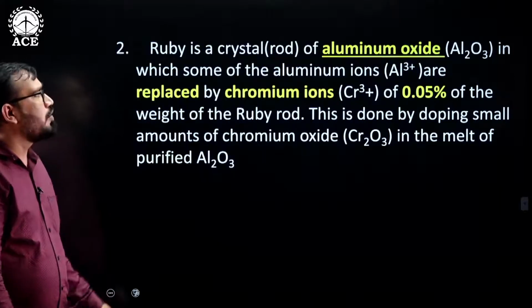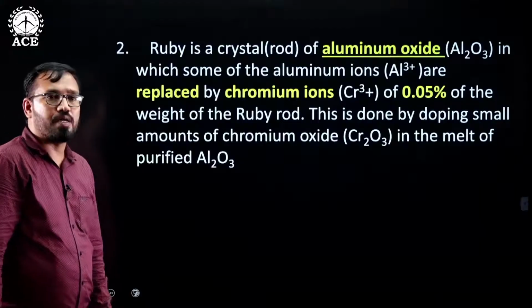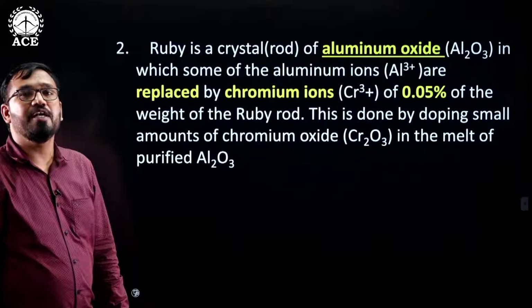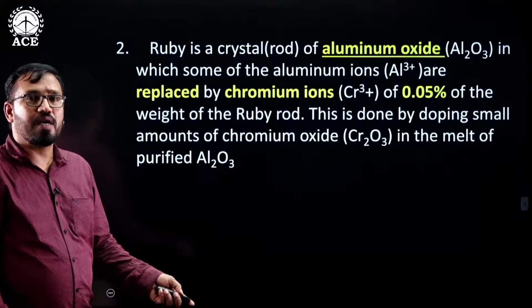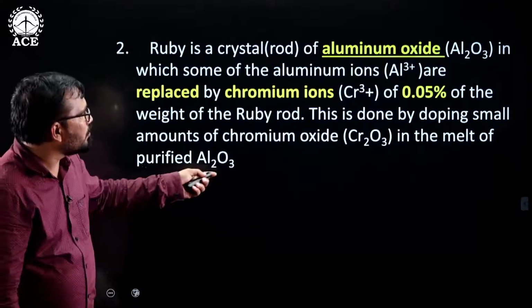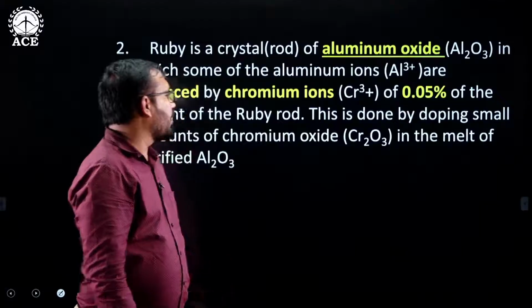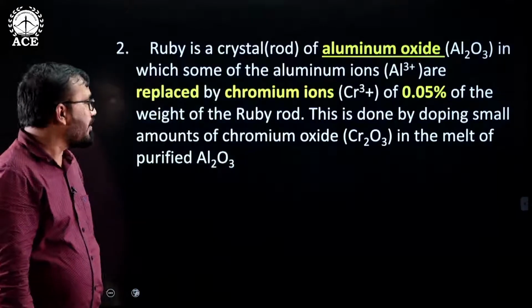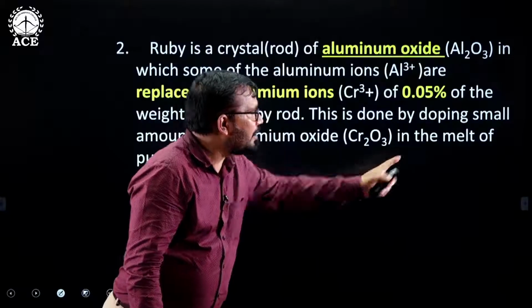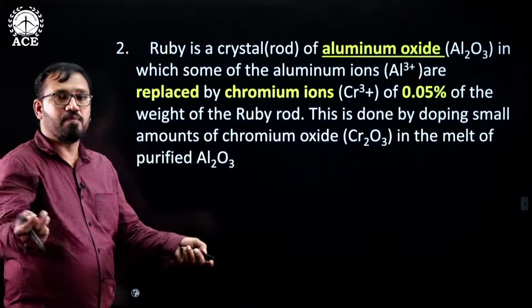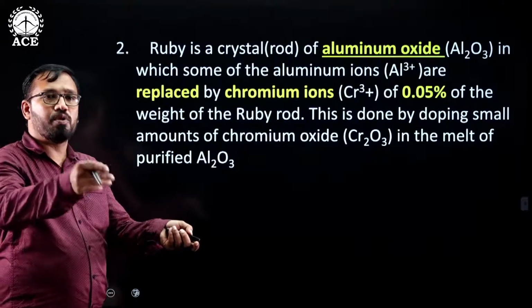Now what are we doing in the ruby rod? Actually, the ruby rod is nothing but Al2O3. That ruby rod is doped with Cr2O3, chromium oxide, when we add it in the melted form.